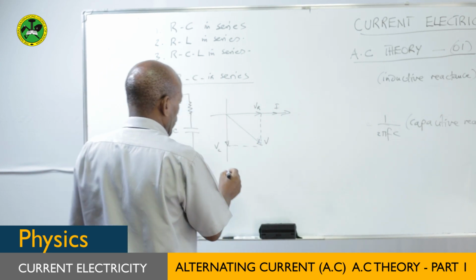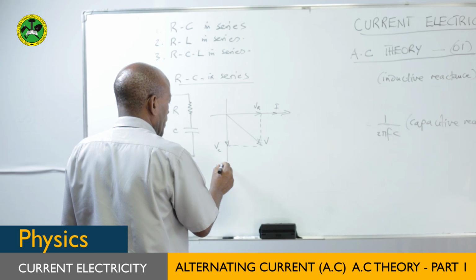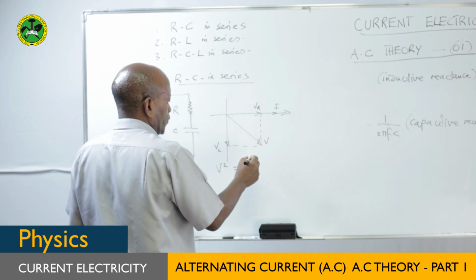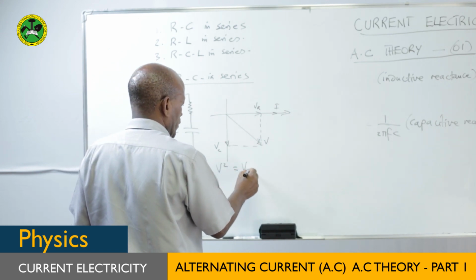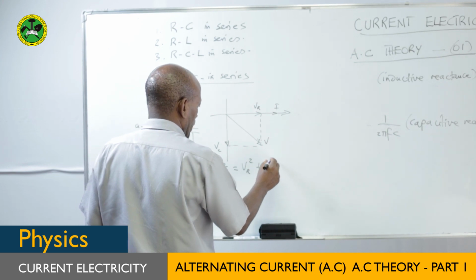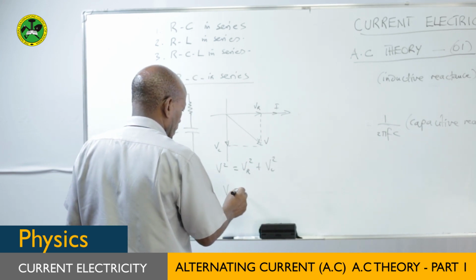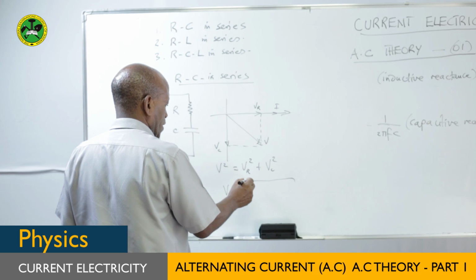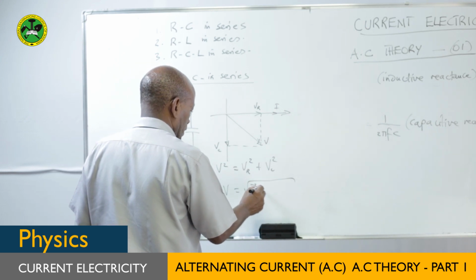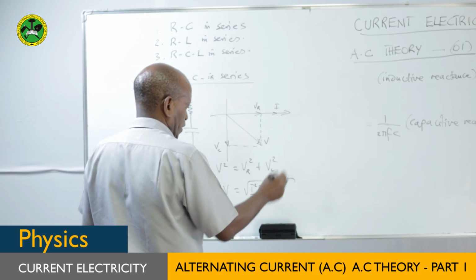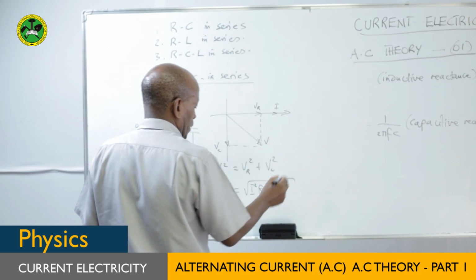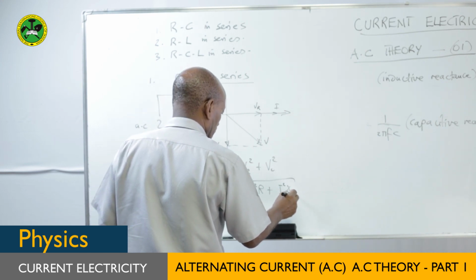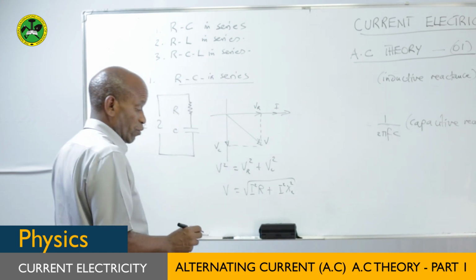So the resultant applied voltage V is obtained by the use of Pythagoras, whereby V squared is equal to the voltage through the resistor squared plus the voltage through the capacitor squared. Through R, this is equal to I squared times R. Through the capacitor, as I said previously, this is equal to I squared times the capacitive reactance squared.